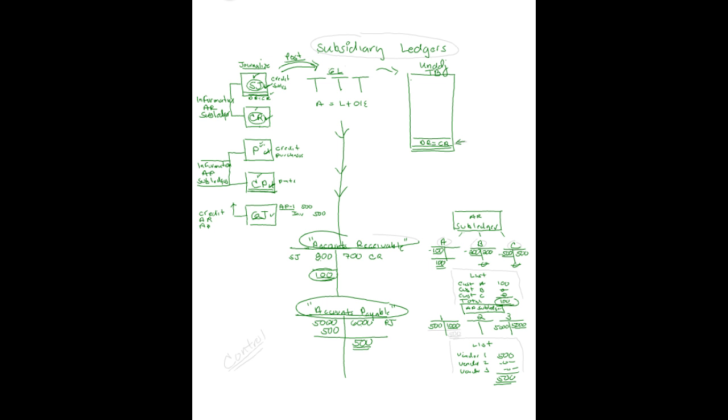The accounts receivable and accounts payable are called control accounts. And what that means is that there's a subledger that is balancing to them at the end of the month. The way you know your general ledger is in balance is when your debits equal your credits.